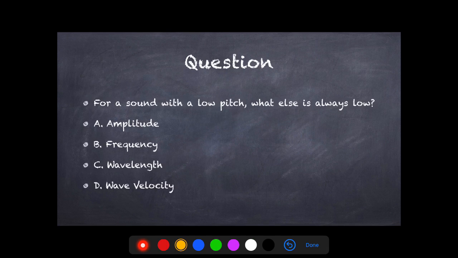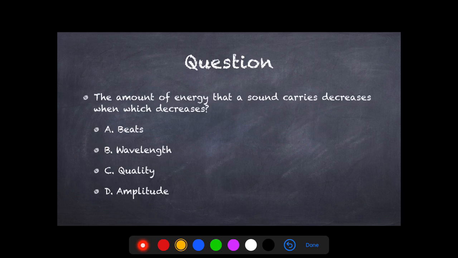Okay, so let's do some questions that are in your packet. For a sound with a low pitch, what else is also always low? So we said amplitude goes with intensity and frequency goes with pitch.